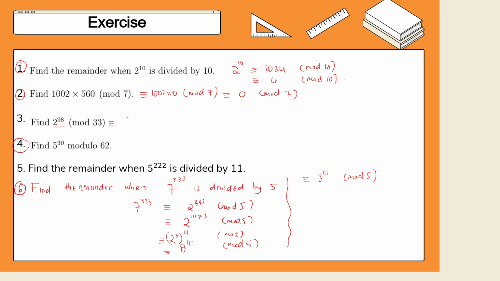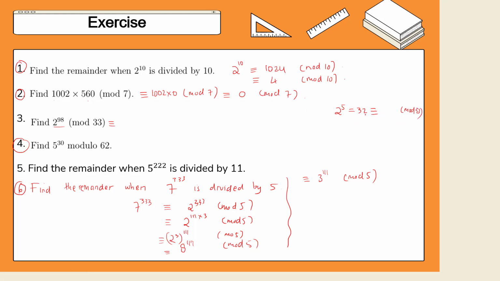So, 2 pangkat 98. We try to change, ya, to 2 to the power of something that is closer to 33. Kira-kira apa? 2 to the power of what gives a result closest to 33? 5. 2 to the power of 5. We know that 2 to the power of 5 is 32 ya. 32 is congruent to what modulo 33?